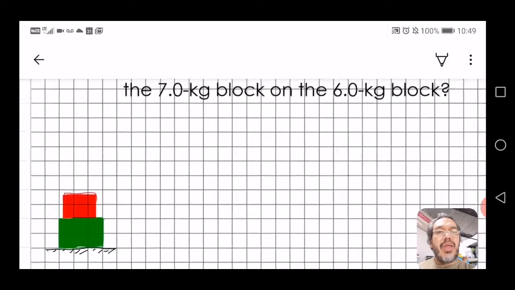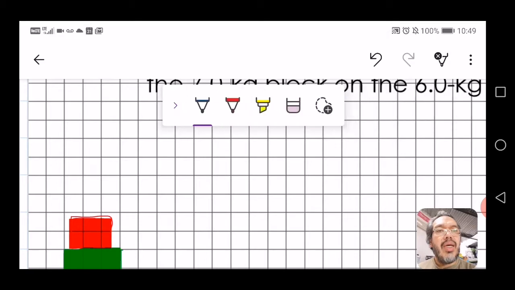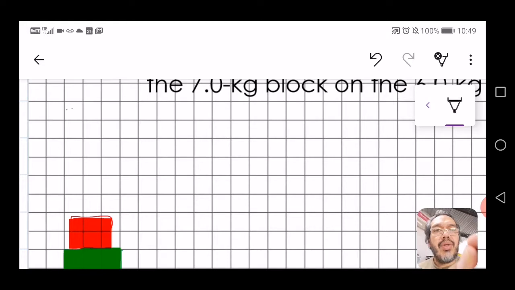So, in order to save some time, I have drawn here your two blocks. You have a red block that's supposed to be the 6 kilogram one, and so we will decide that this red block has a mass mr for red, which is 6.0 kilograms, and then the green block mg for green, that's a mass of 7.0 kilograms.